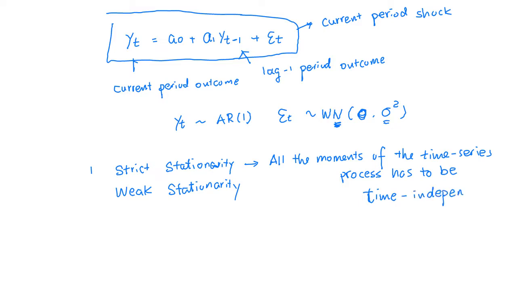This is the typical definition of the strict stationarity of a process. Okay, what about a weak one? The weak one is the first two moments, right? So the first two moments.